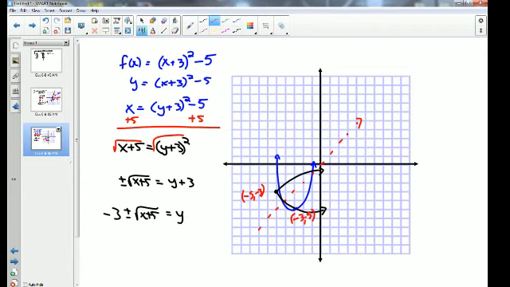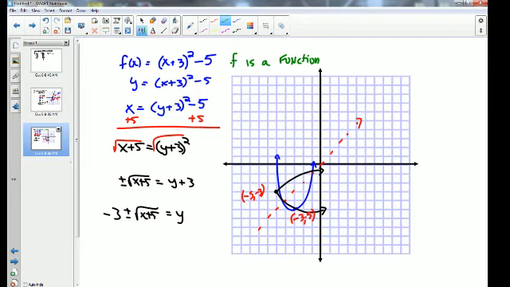Here's the big question. Is f a function? Yes or no? Does it pass the vertical line test? F does? Okay, f is a function. But is this a function?